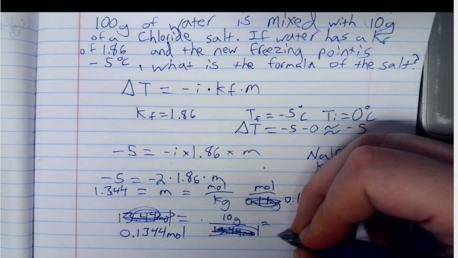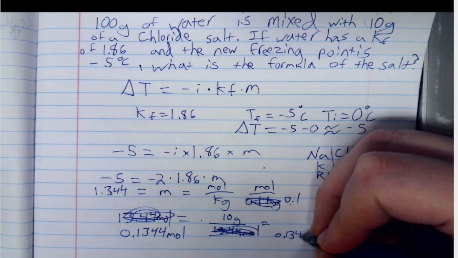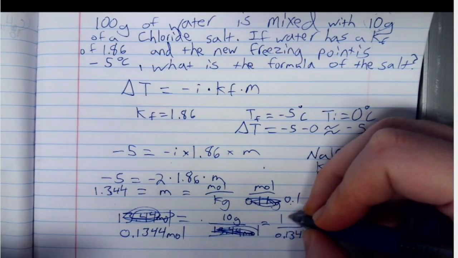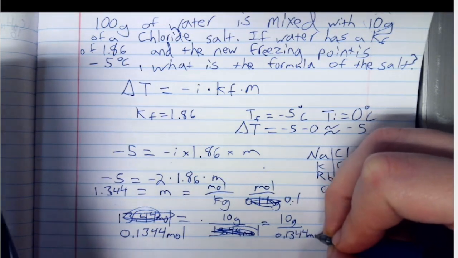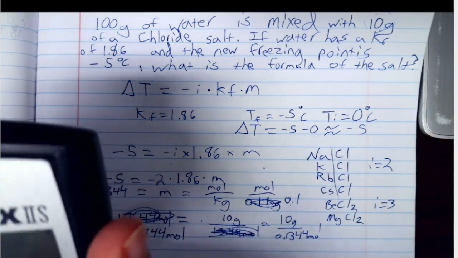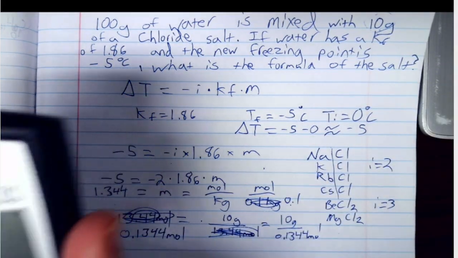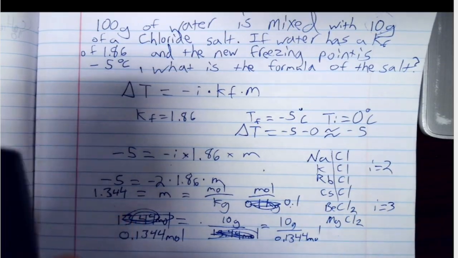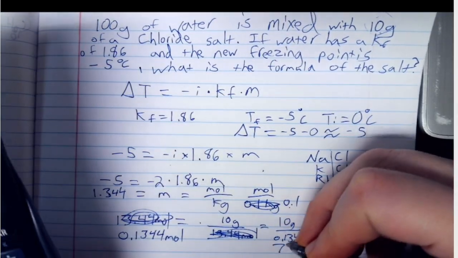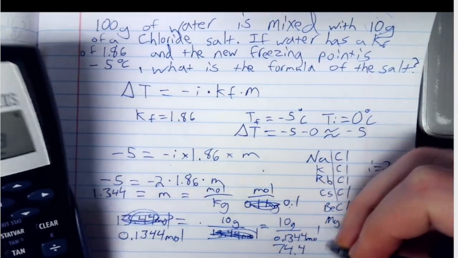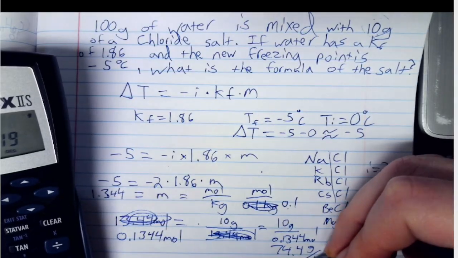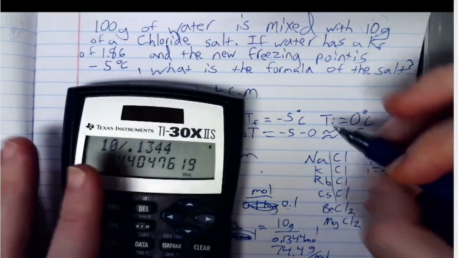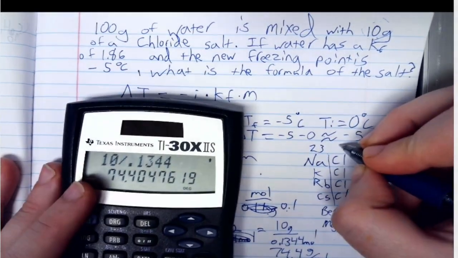So 10 grams divided by 0.1344 moles would give us a molar mass of 74.4 grams per mole.